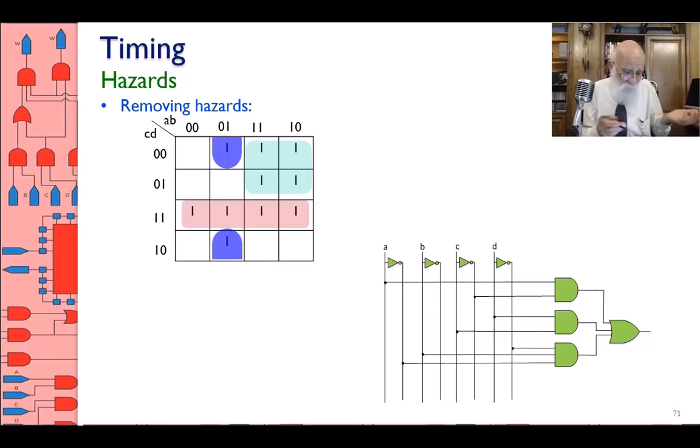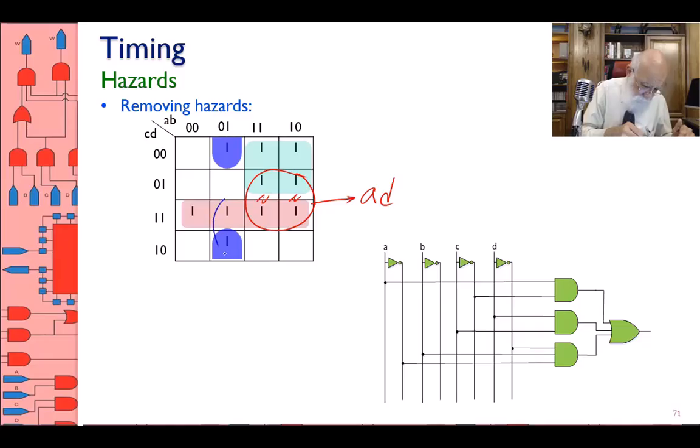So all you do is you look at the circuit, you find that these two and these two are adjacent, but no map between them. So put a map there. Okay, that becomes A, D, corresponding to this. What else? I have these two that again are adjacent and not covered.